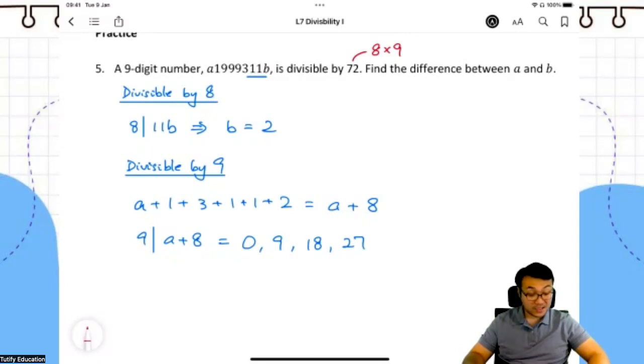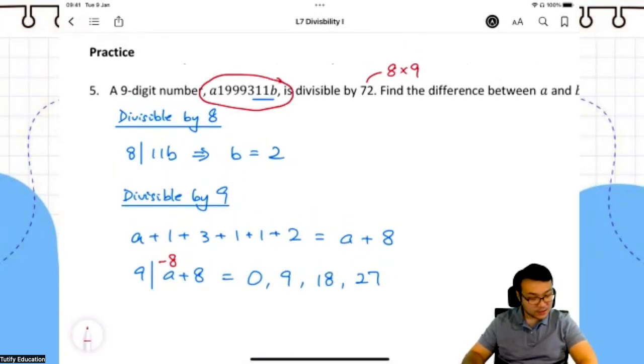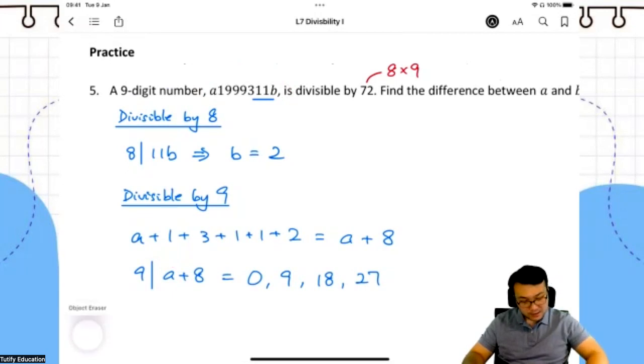Well, if you want A plus 8 to be 0, then A must be negative 8. If A is negative 8, that means this 9-digit number is going to be negative, and that is not going to happen, okay? So it's not possible.